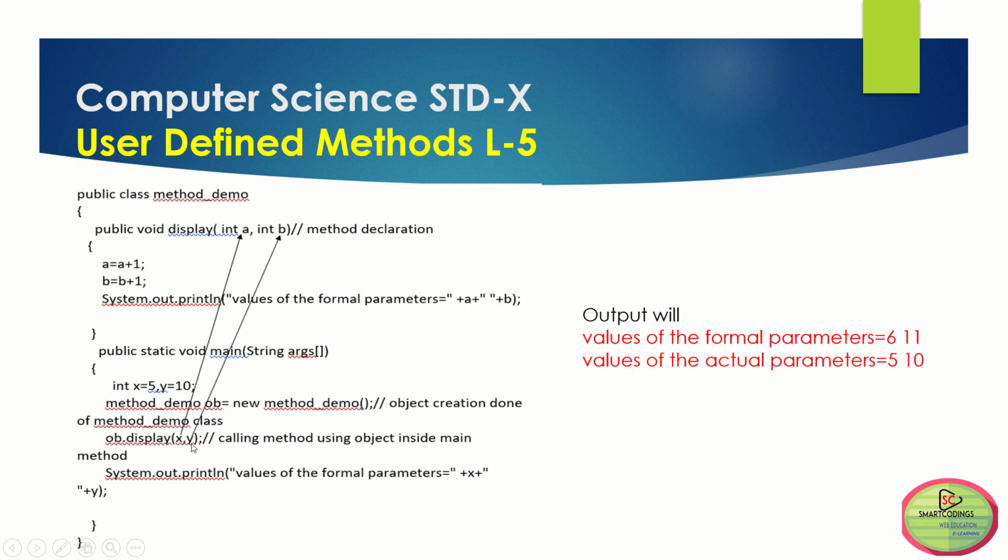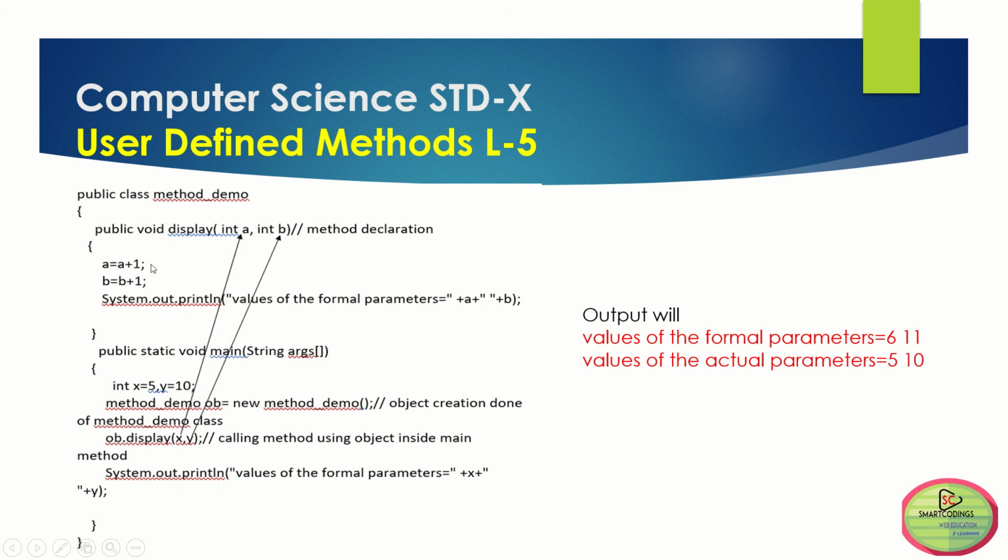When this line is executed, a Xerox copy of x and y is being passed to a and b. Original value is not passed. Copy of x and y, that is 5 and 10, is being passed here, right? So now when the program control jumps here, it will go inside the method body here. What it will do? Value of x is passed to a, that is 5 is passed over a.